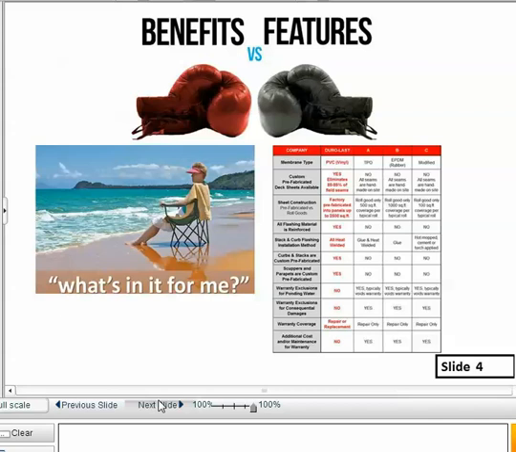This is different than the features. The features may be, in the case of a computer, a really fast processor with a lot of memory. But what the person's going to get out of it is a reliable system that's very fast, that they don't have to sit and wait for things to pop up, that things come up very quickly. So it's what's in it for them that is the most important thing. But again, two different ways to define your product. I always lean toward focusing on the customer.